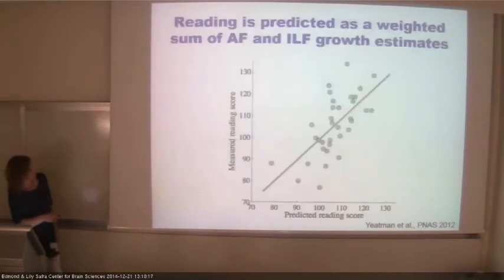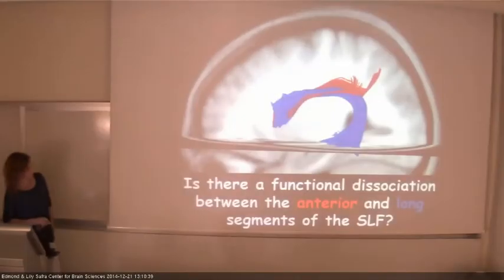Together, the contributions from the arcuate fasciculus and the ILF explain a nice portion of the variance in the reading score. This is the predicted reading score based on the ILF and arcuate fasciculus anisotropy, and this is the reading score that resulted.